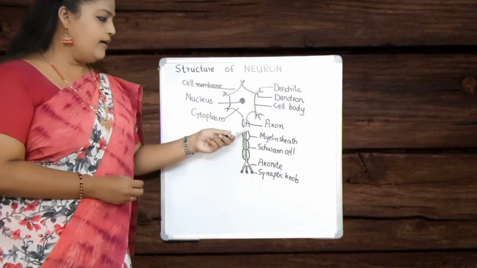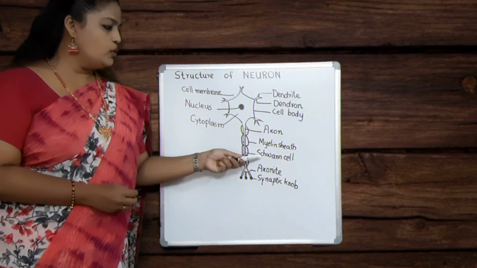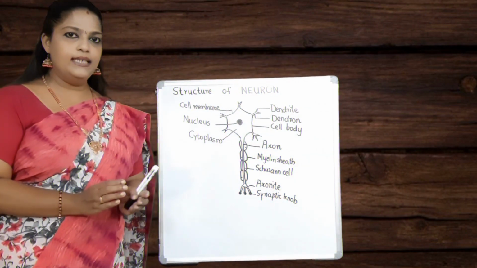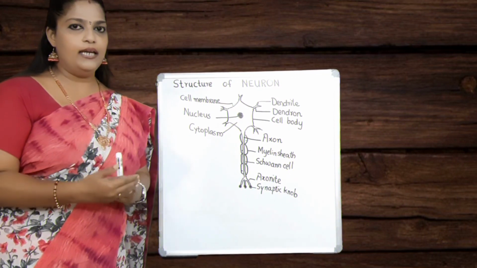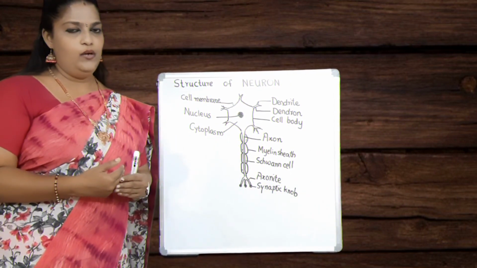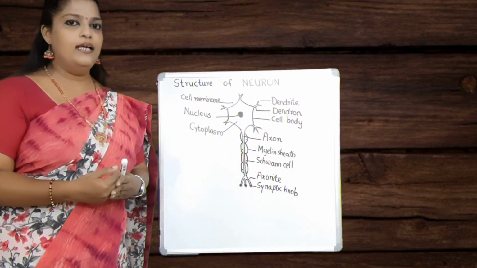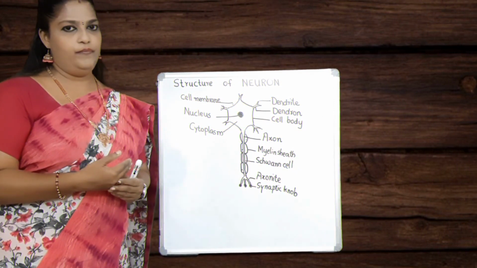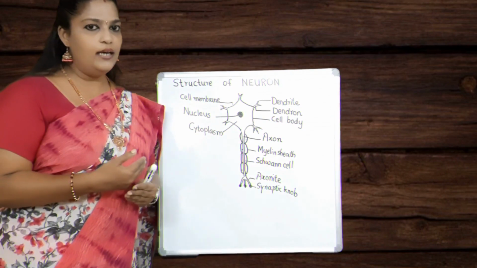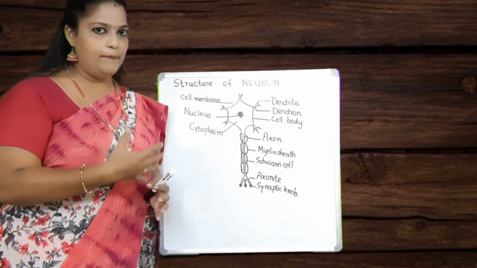The axon has a covering which is made from Schwann cells. Schwann cells are specialized cells which form a covering around the axon. In a simple way we can say that they encircle the axon, that means to wrap around.